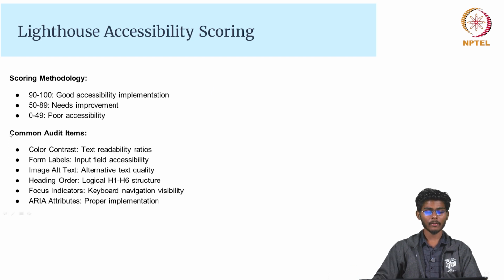As I have shown, the common audit elements are color contrast, form labels, and image alt text, as I mentioned in the WAVE tool evaluation part. And focus indicators is nothing but the keyboard navigation visibility, basically how to navigate to the next page and how well the navigation elements are implemented.